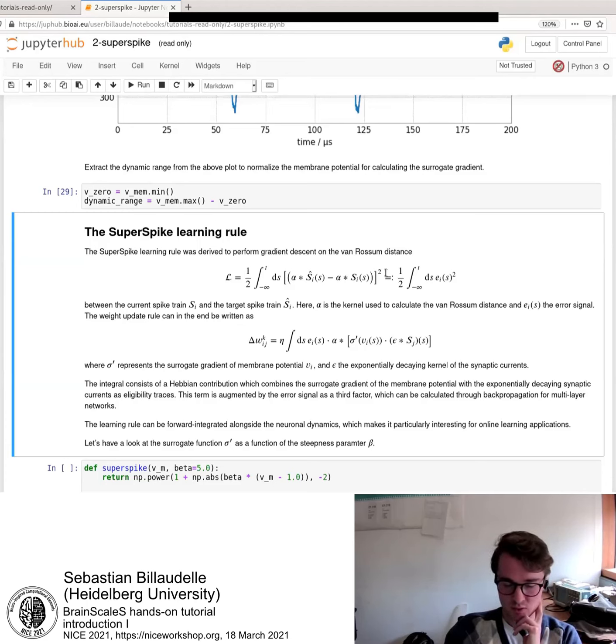And now the task is to simply get this to 0 as close as possible. We integrate over the whole time frame, and then we have a scalar loss, and that is what we want to minimize. The stuff here in these square brackets is what we call the error trace. It's E of S, E of the time. It's kind of the time resolved Van Rossum distance.